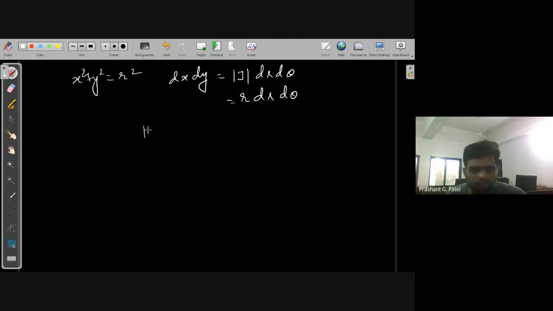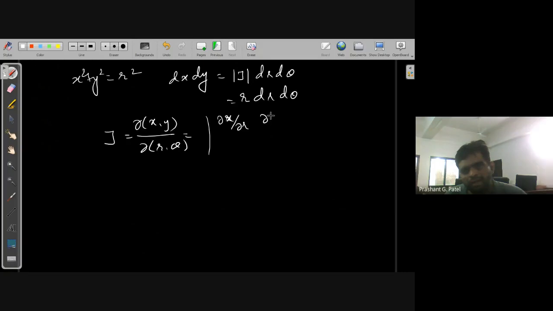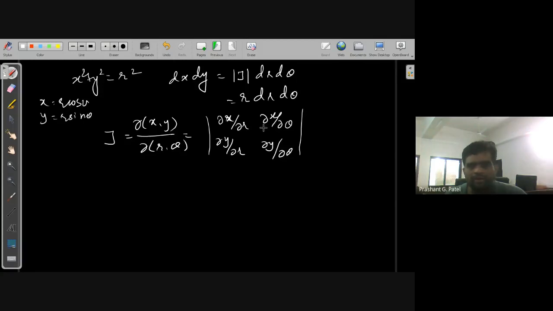And what is this Jacobian? That is the Jacobian of x, y with respect to r, theta. This is J, that will be the determinant of del x by del r, del x by del theta, del y by del r, del y by del theta. As you know, x is r cos theta, y is r sin theta, and del x by del r is cos theta.